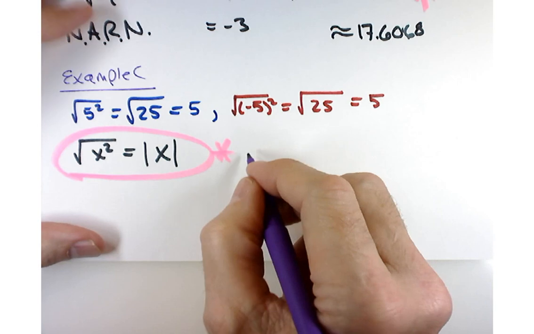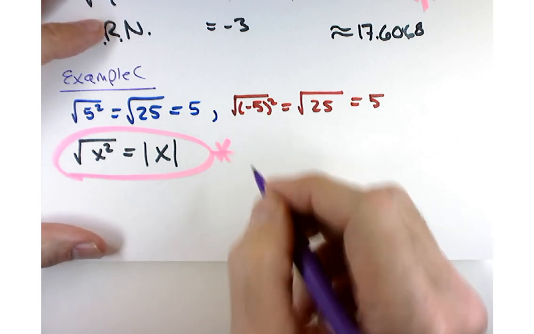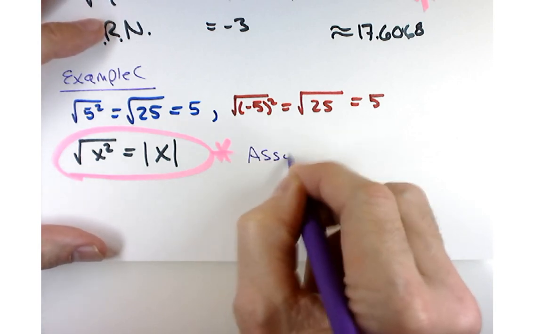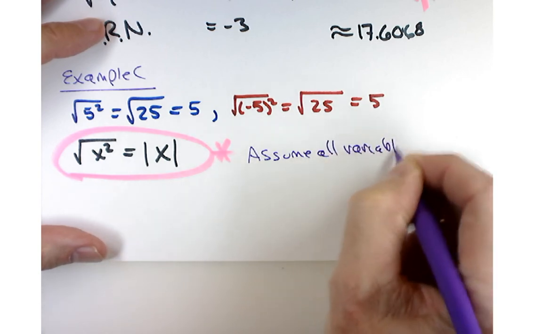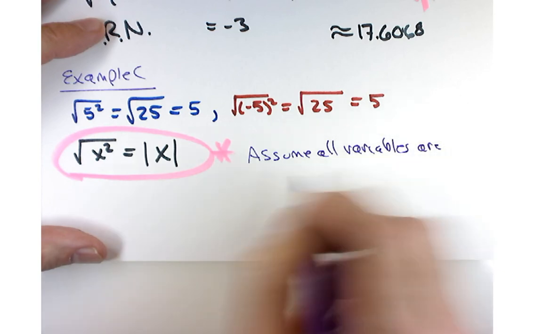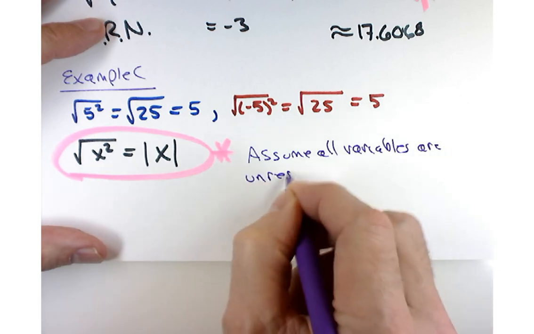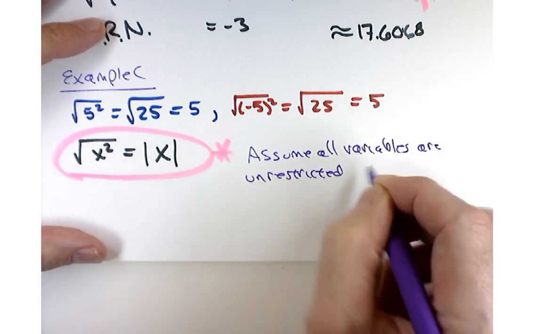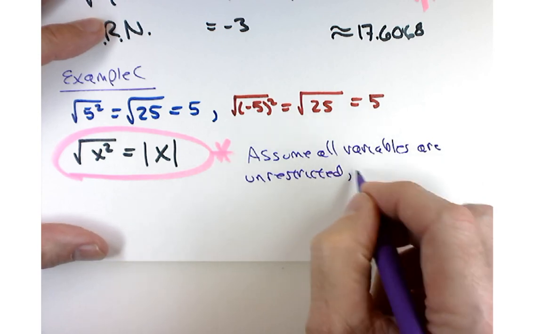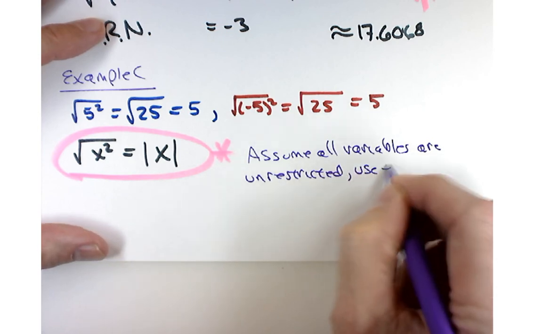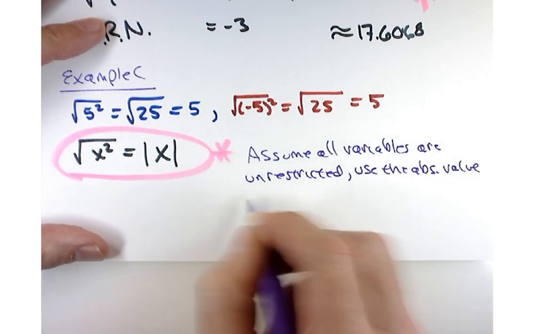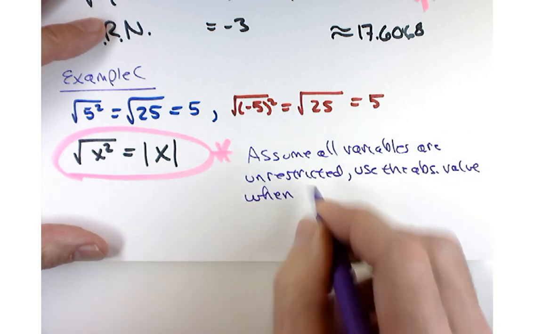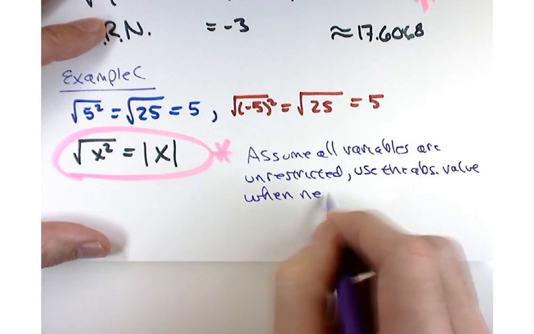You'll be given something like this: assume all variables are unrestricted and use the absolute value when necessary.